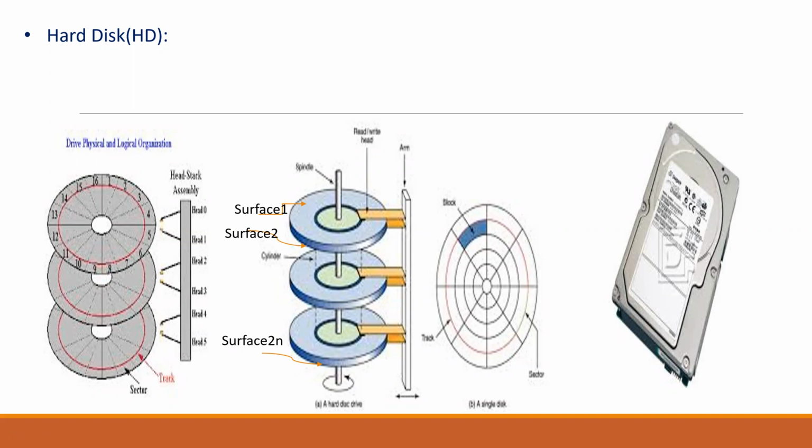Heads are nothing but sensors for read and write purposes. So the upper side and below side, one particular area, contains both surfaces, surface 1 and surface 2. So bunching of this type of storage is known as a cylinder.